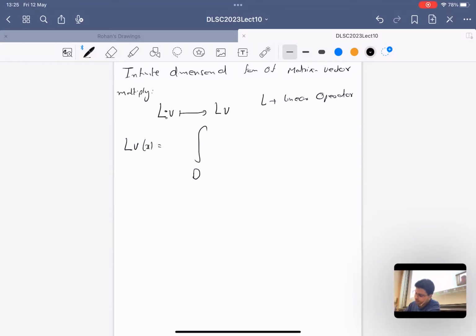And why is this a generalization of a matrix vector multiply? It's very simple.